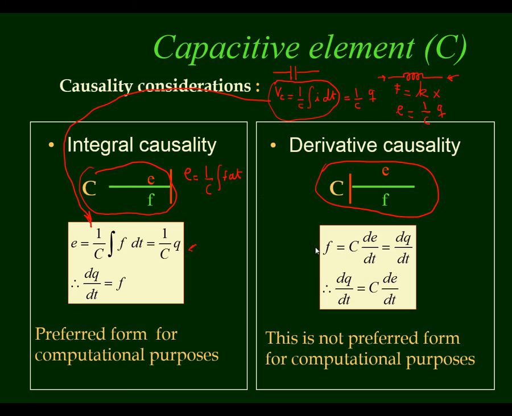But if you write the equation in another way, you can write it in the derivative form, and then F, the output in here, is C times d dt, which would be the opposite of writing this equation.